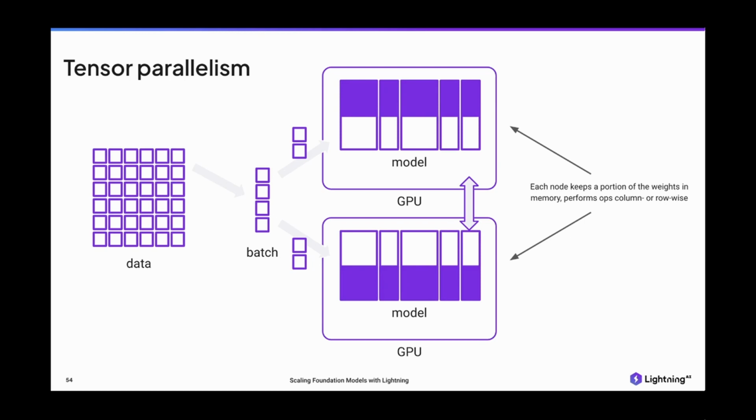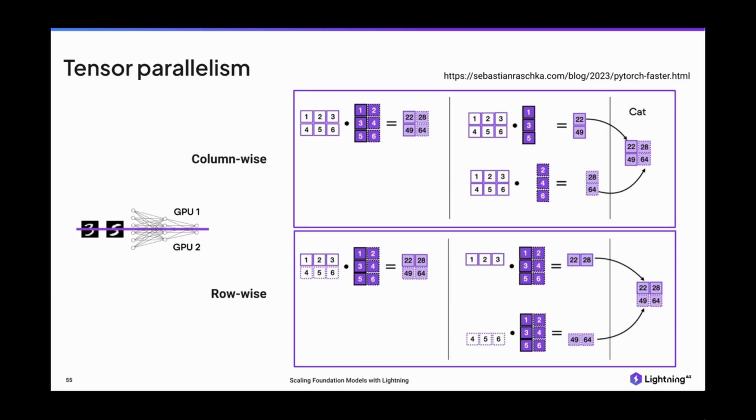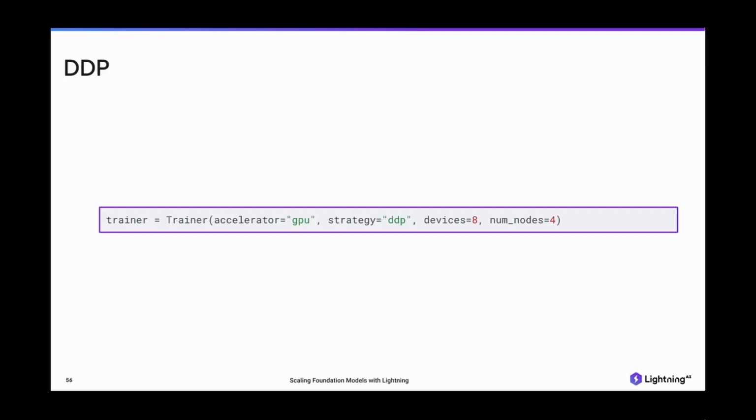And you need to be, of course, aware of how these things work so that you can actually use the right operation at the right time. And this is an example of column-wise and row-wise multiplication. But we won't go into that. There's a nice blog post by Sebastian Raschka that explains this really simply. Sebastian is one of our lead AI educators.